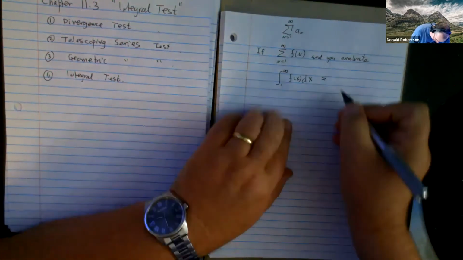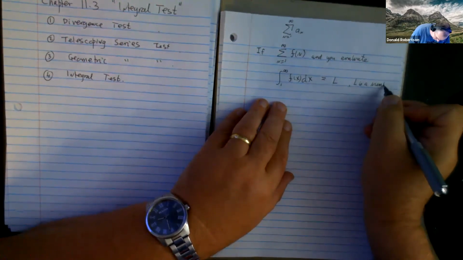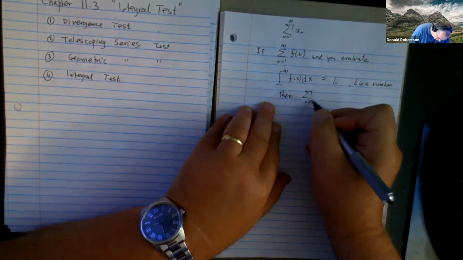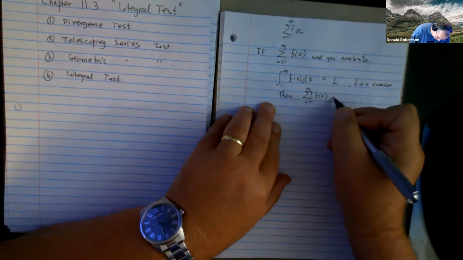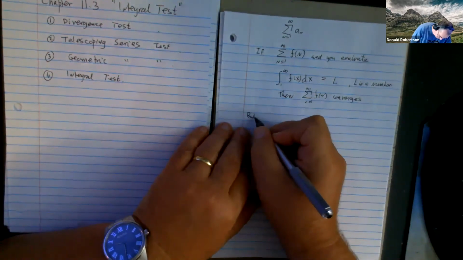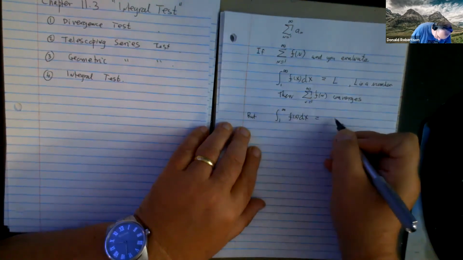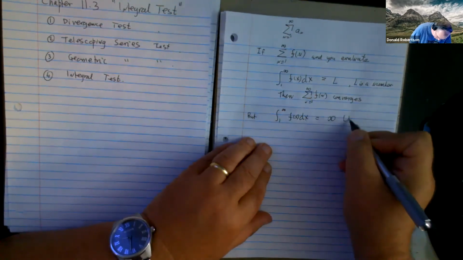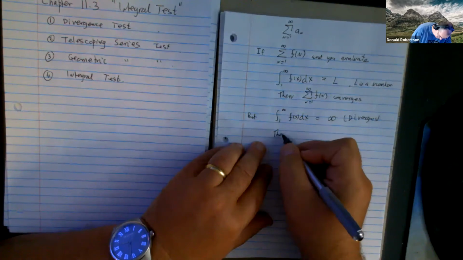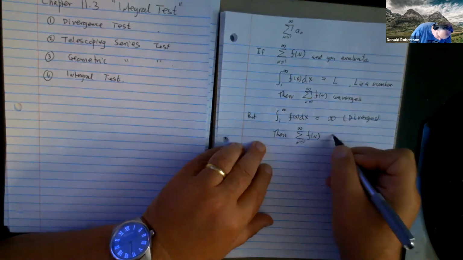And if it's equal to L, where L is a number, then we can assume that the original series converges. But if this integral from 1 to infinity of f of x dx is infinite, or to be more specific, if it diverges, then our series also diverges.